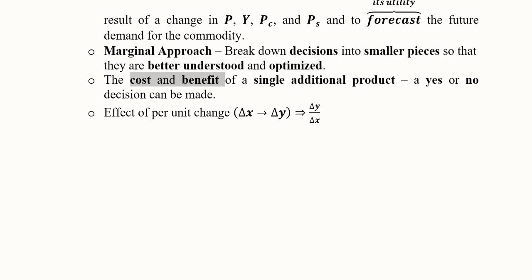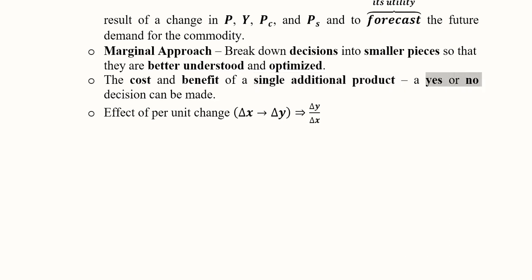For example, the costs and the benefits will be assessed on the basis of a single additional product. Single additional product means that every product has to be justified for its benefits and for its cost. Instead of making a bulk of products and then analyzing, we will take every step and assess every unit of production on the basis of its benefits and its cost.